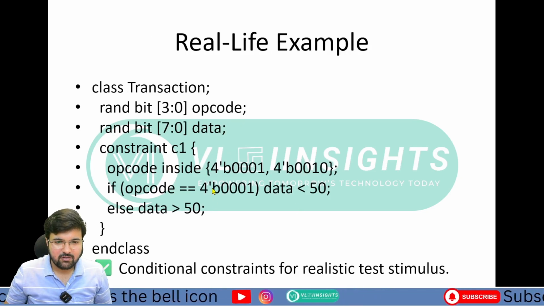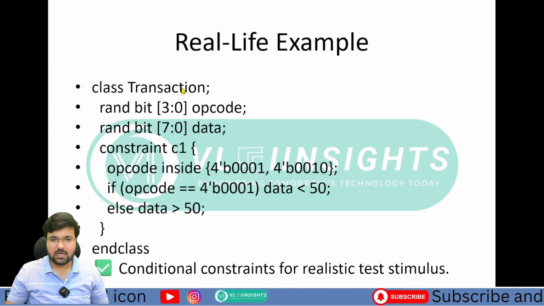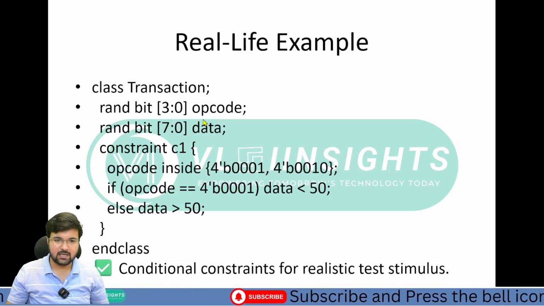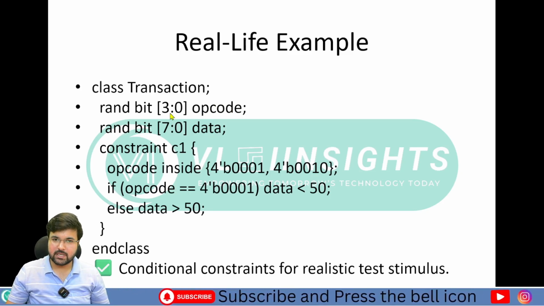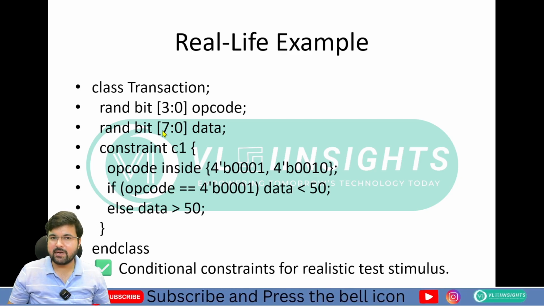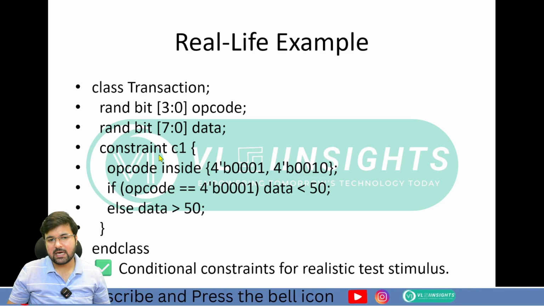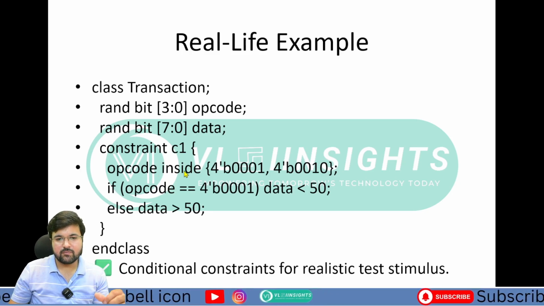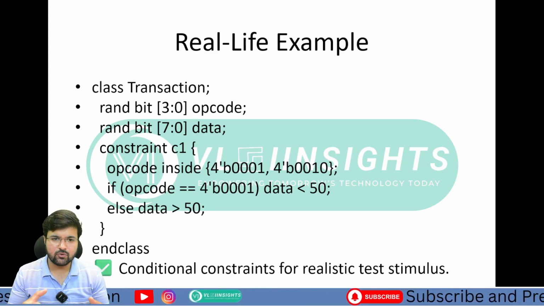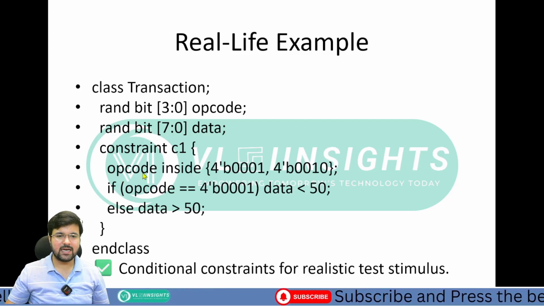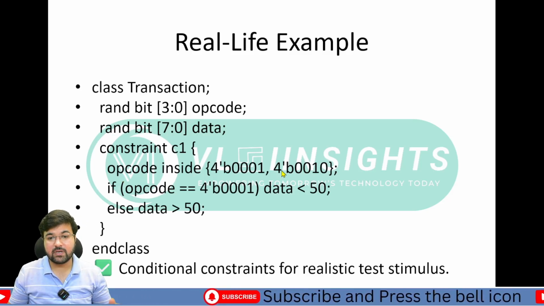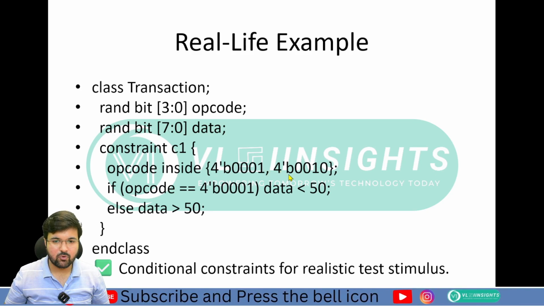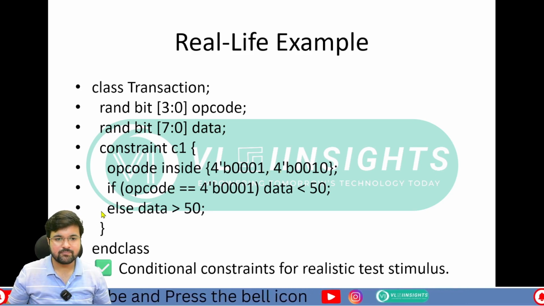A real-life example we can see is a class transaction, and inside it we have taken two values, opcode and data. The opcode is [3:0], that means 4 bits, and the data value is 8 bits. Then we write a constraint, and for that we use two different constructs. First, we use an inside operator where we expect our opcode to be either 1 or 2, like 4'b0001 and 4'b0010.